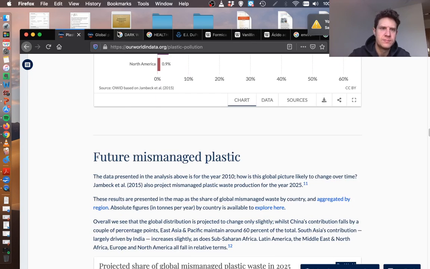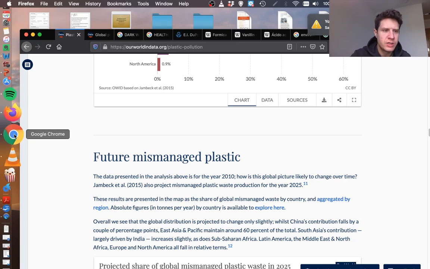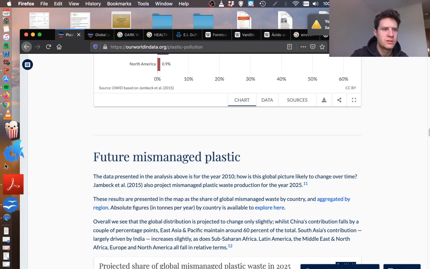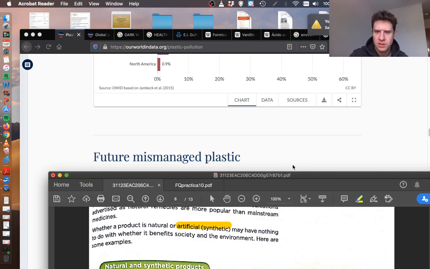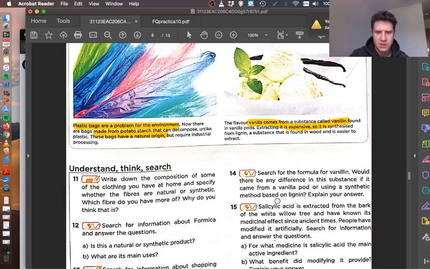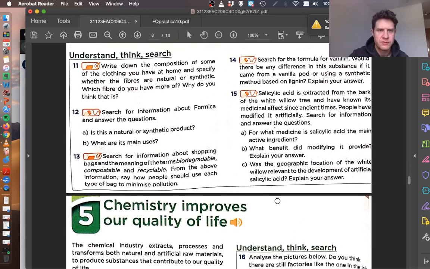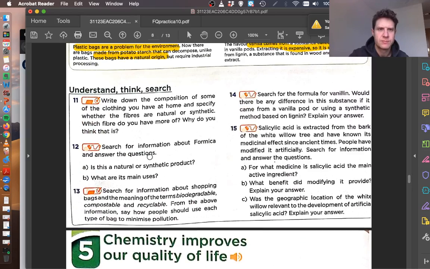And well, coming back to our presentation, the book. Search information about Formica. Okay, and can we improve quality? Yeah.